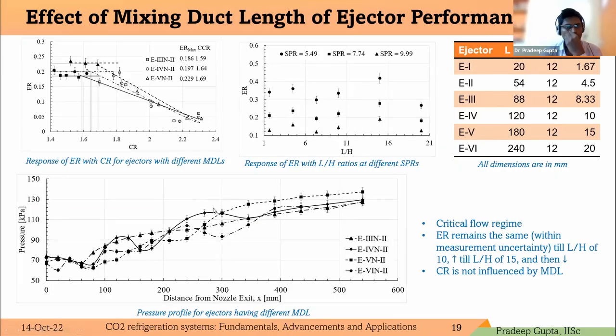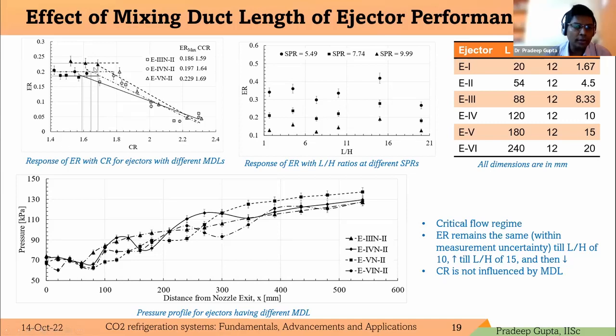So now, the variation of the mixing duct length and the ejector performance. We have 6 different ejectors having an L by H ratio of 1.67 to 20. So we had a broad range to study the mixing duct length effect on ejector performance.